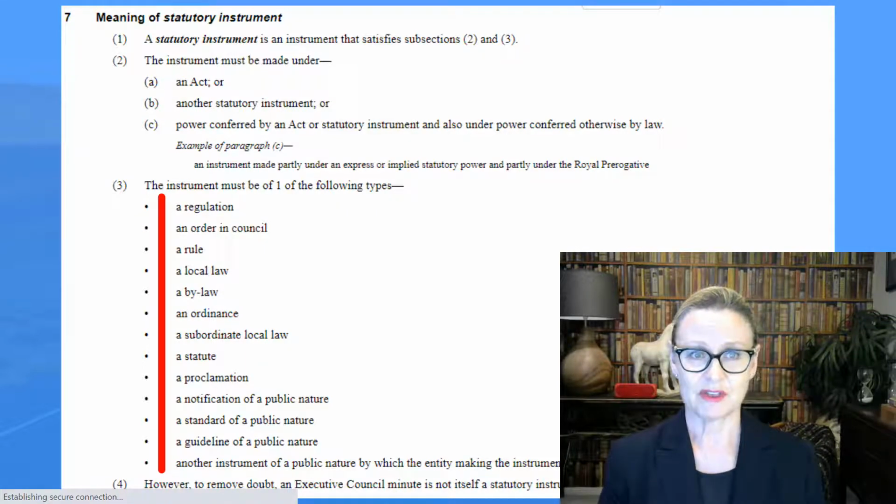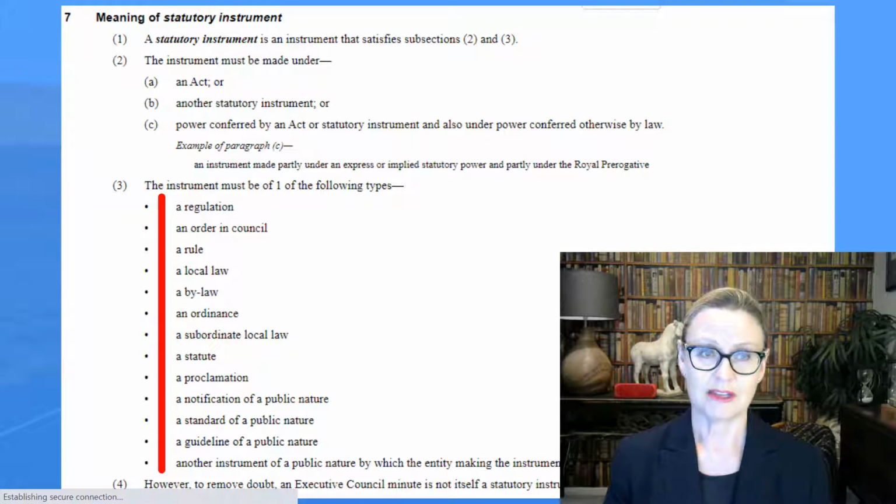Something that satisfies subsections 2 or 3 has to be an instrument made under an act, under another statutory instrument, or conferred by an act or statutory instrument. And there are your examples there: it must be one of the following types: regulation, order in council, rule, local law, bylaw, and so forth. So that is the Statutory Instruments Act definition of statutory instrument.